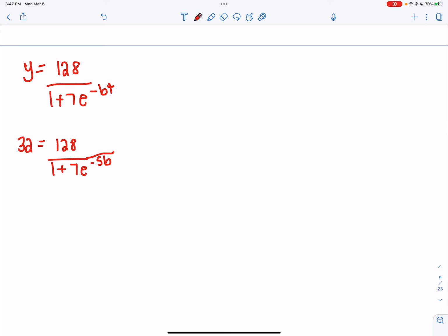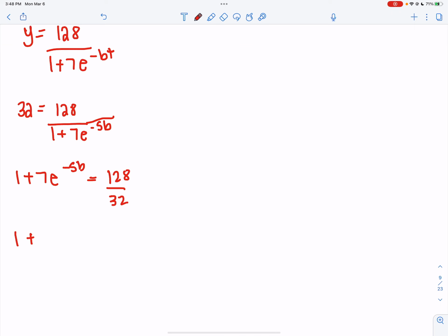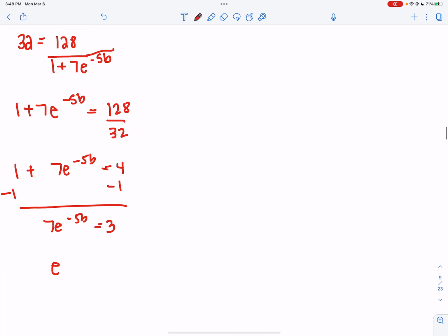I'm going to switch the 32 and the 1 plus 7e to the negative 5b so that I have a pretty right side. 128 divided by 32 will give us 4. I'm going to subtract 1 on both sides. That's 3. e to the negative 5b is equal to 3/7 after I isolate my e.